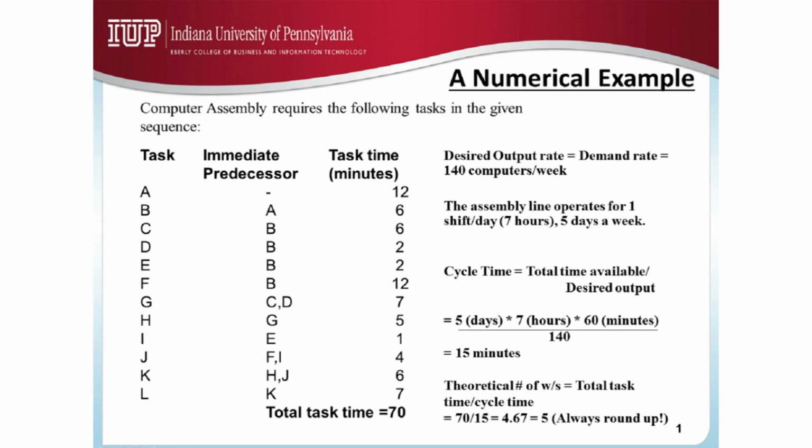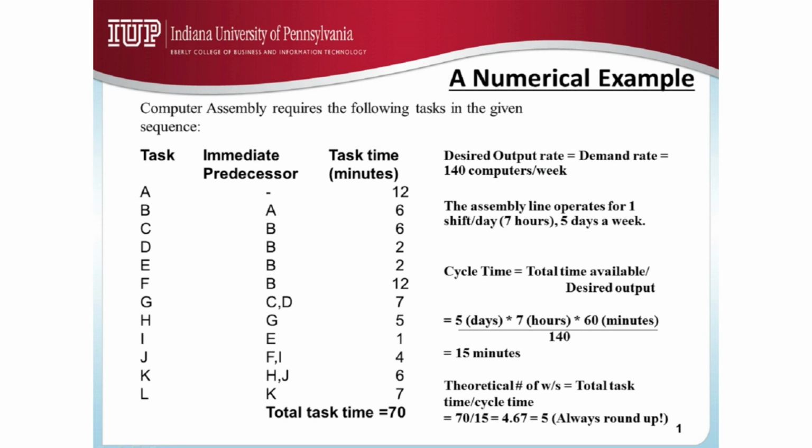The first step now is to calculate the cycle time. Cycle time is nothing but the total time available, the total production time available, divided by the desired output rate. So the total time available is 5 days, which is given, times 7 hours a day. And I want to convert this into minutes because my task time is in minutes.